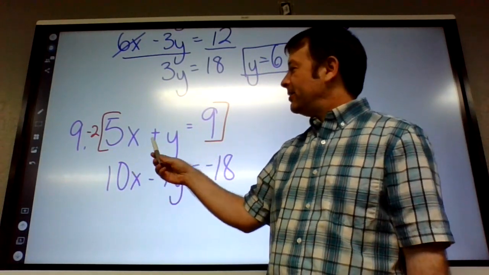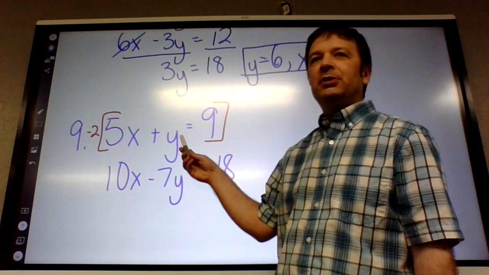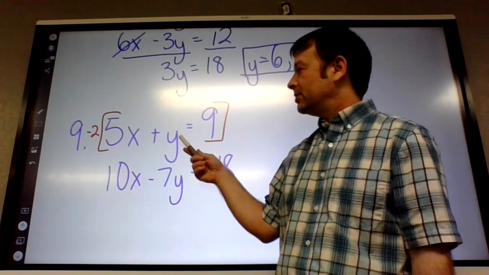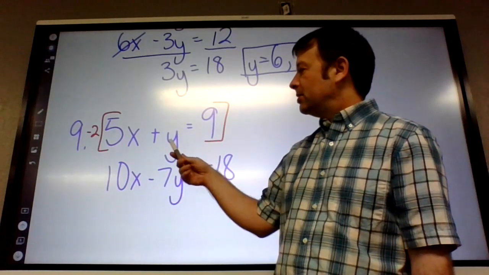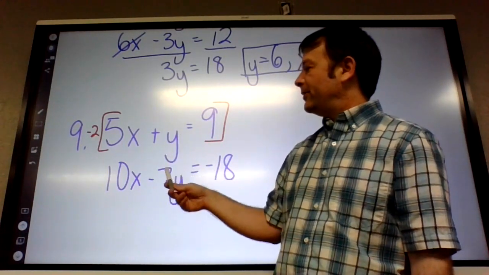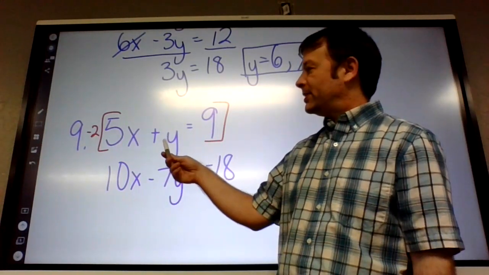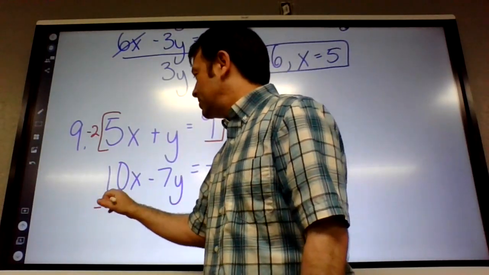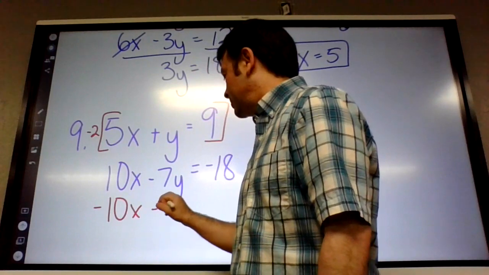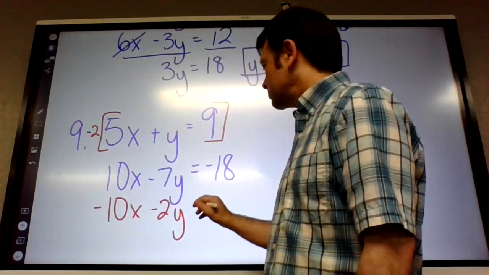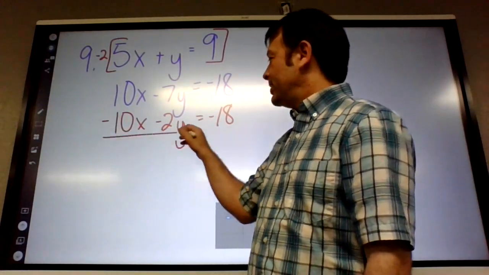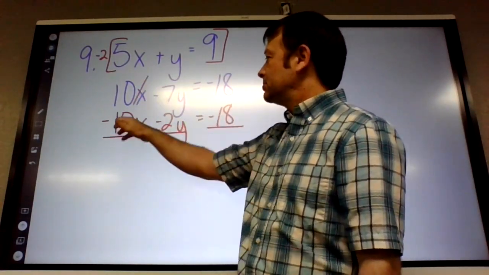All right. How could we have gotten rid of the y's? What could we have done? Well, if this is -7, we could have multiplied this by 7. That would have worked also. But since you said the -2 thing, we'll stick with that. Okay, now the x's will cancel out.